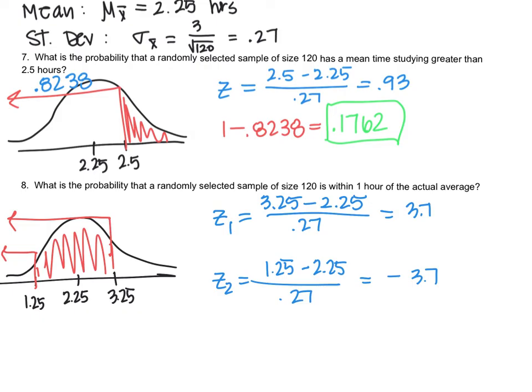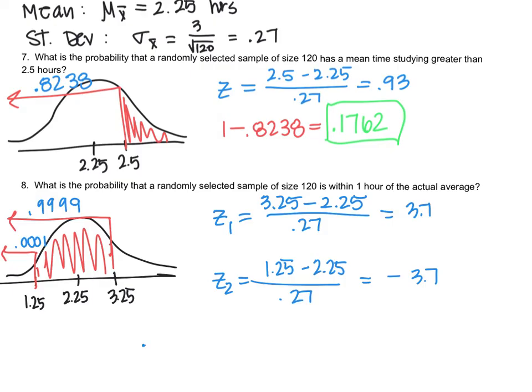So if we use our normal CDF with our 2 upper bounds, our first area ends up being 0.9999, and our second area with the upper bound being the -3.7 is 0.0001.